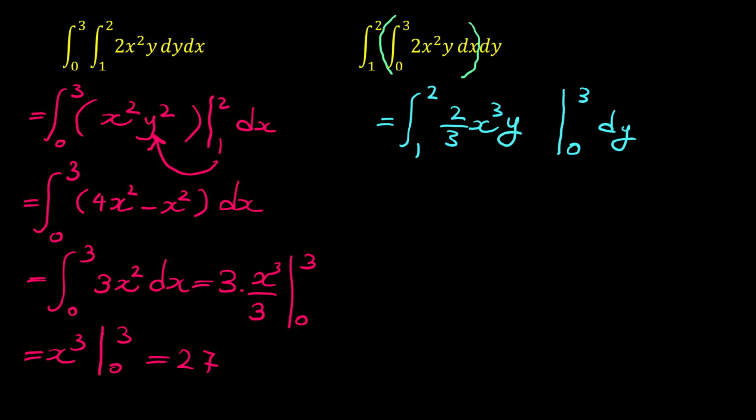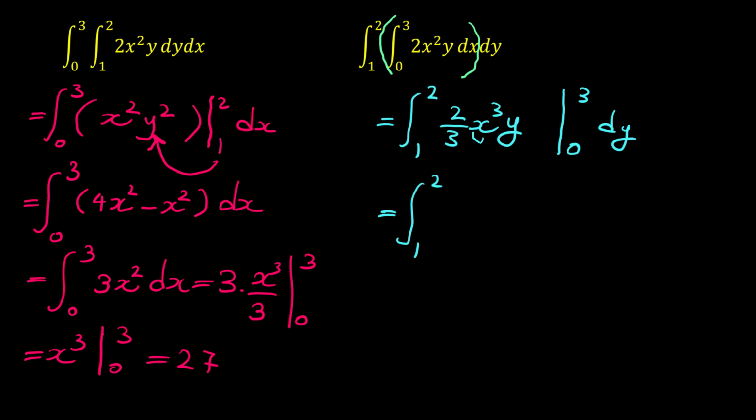Now we have to plug in 3 and 0 for x. Attention, we integrated with respect to x, and x is from 0 to 3. Now we plug in 3 for x and 0 for x. If we plug in 3 for x, this equals integral from 1 to 2.